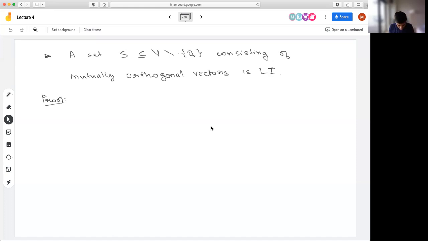Okay. The proof is more or less just following our nose in terms of the definition of linear independence. Let's say that's not the case.